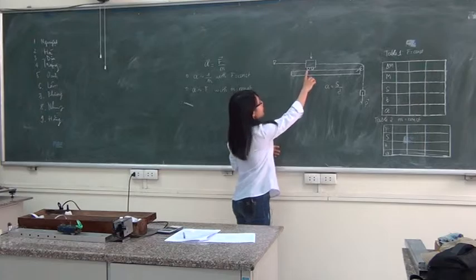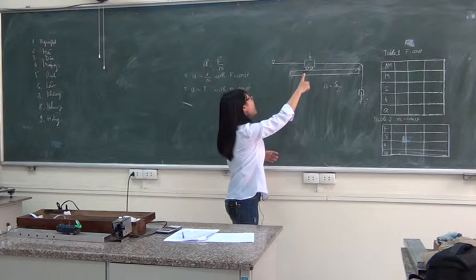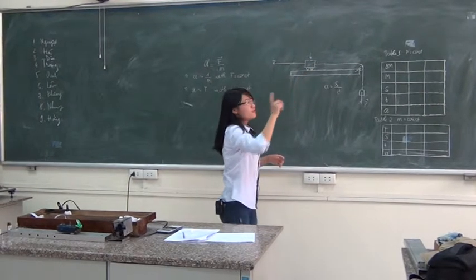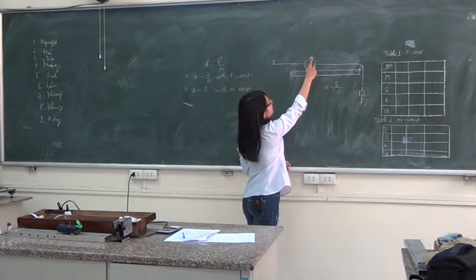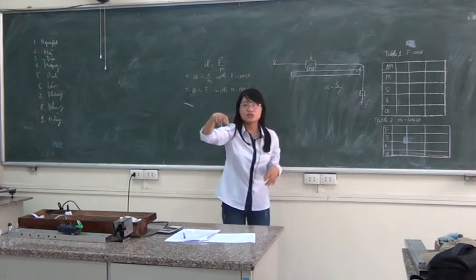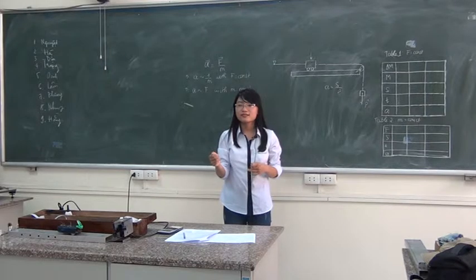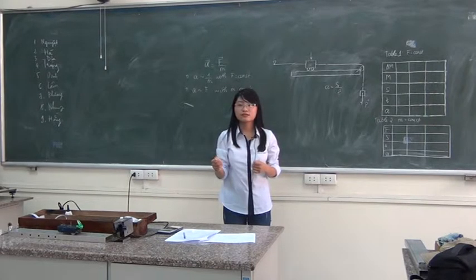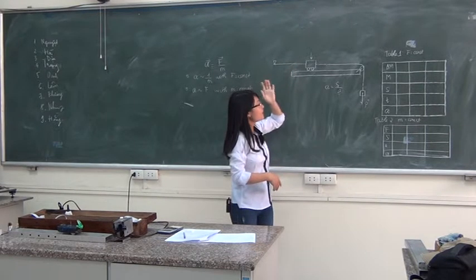But the car on the top, the force acting on it, not, because the car on the top maybe can travel around. No, I mean that part, the car on the track. Only the car on the track.